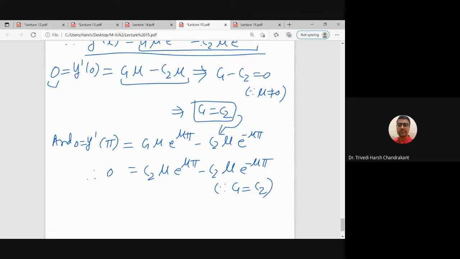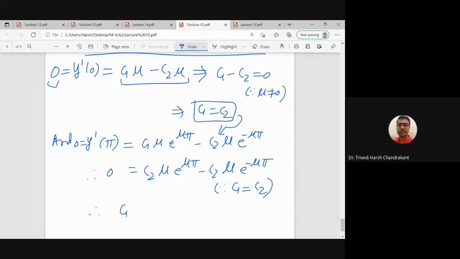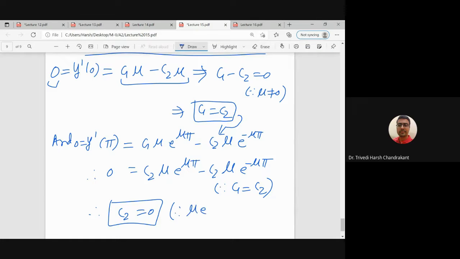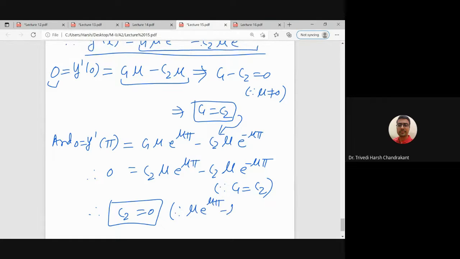Now we can see that this is nothing but c2 times some fixed number, because mu is fixed and pi is fixed, and that number is non-zero, so we can cancel it out on both sides. So we get c2 is equal to 0.